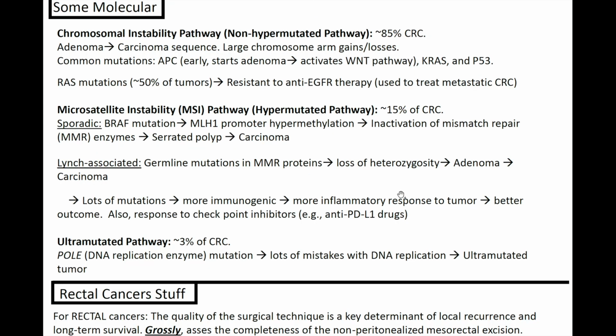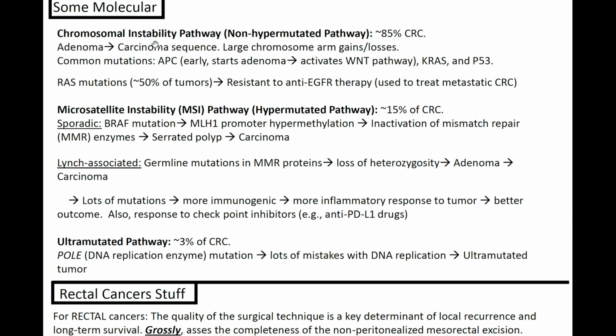So quickly, we'll go over everyone's favorite topic, some molecular. For colon cancer, molecular is extremely important, and you can have the chromosomal instability pathway, which occurs in about 85% of colorectal cancer, and that's going to be the adenoma to carcinoma sequence with large chromosome arm gains and losses. Some common mutations for colon cancer are APC, which is early, starts the adenoma, activates the Wnt pathway, KRAS and P53.